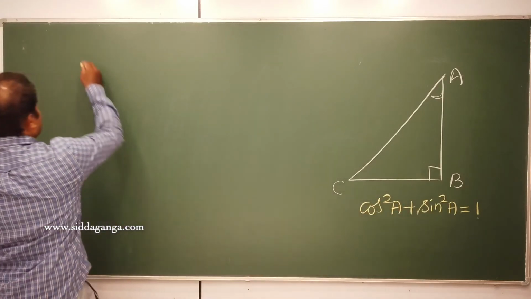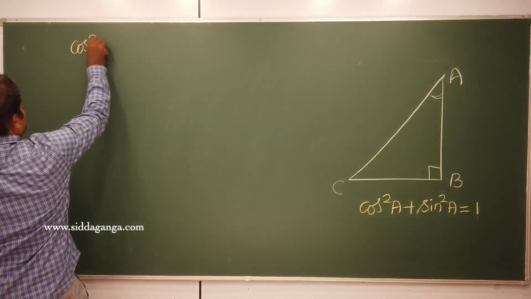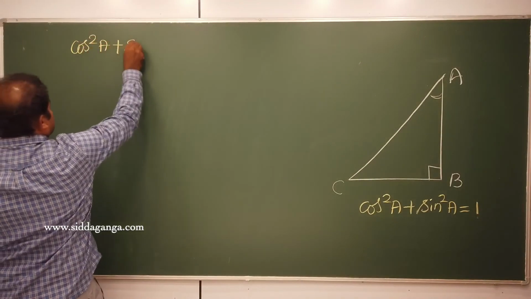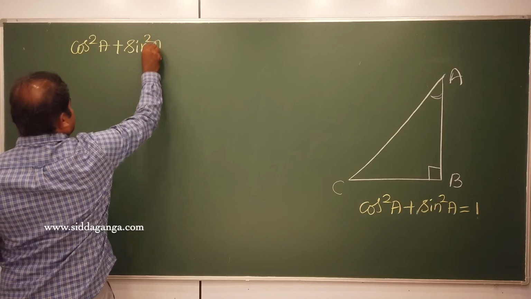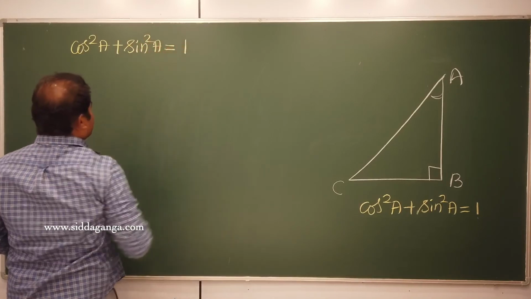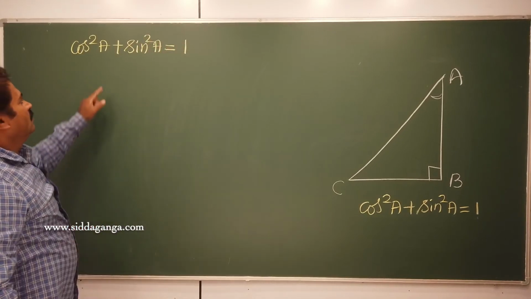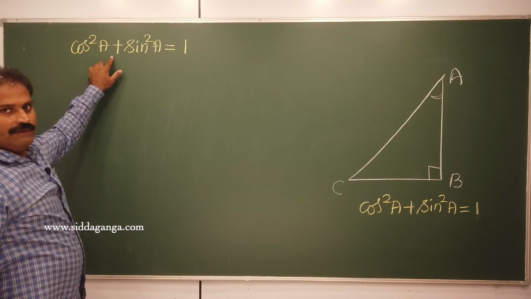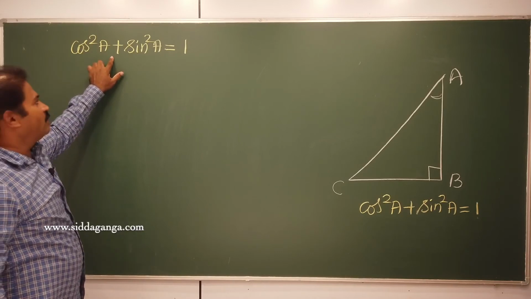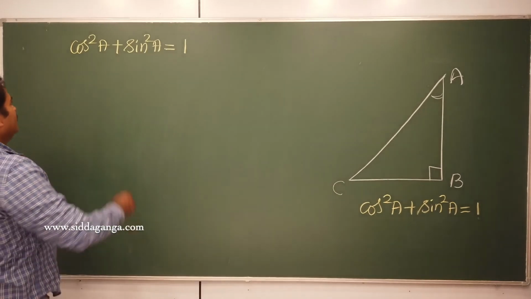So you have cos square A plus sin square A is equal to 1. Now we will divide this identity by cos square A on both sides.